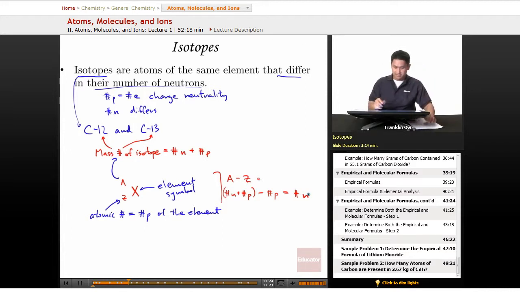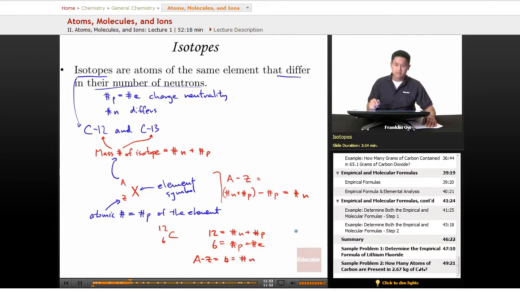So for example, if you take carbon 12, 6, we have 12 is equal to the number of neutrons plus the number of protons. 6 is on the bottom, and that's the number of protons, which is also equal to the number of electrons. Therefore, A minus Z is equal to 6, and that's equal to the number of neutrons.